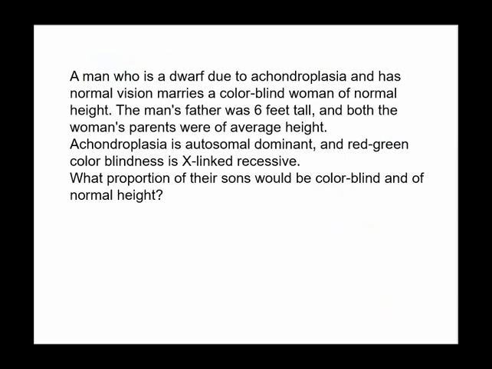All right, so let's bring together a few things here. Have a look at this question and answer given the options. About half the time, the sons would be colorblind and normal height. And we can do this.